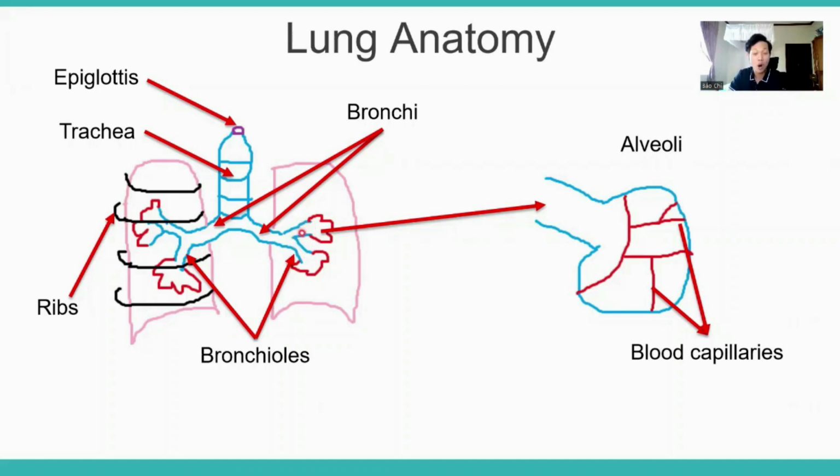At the end of the bronchioles we have the air sacs called alveoli, and on the surface of the alveoli are the blood capillaries, which are responsible for the oxygen exchange into the blood.